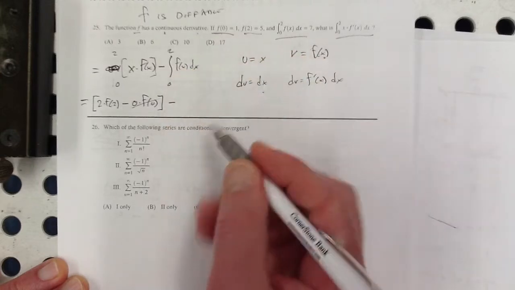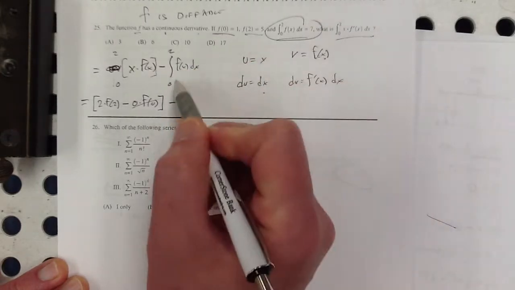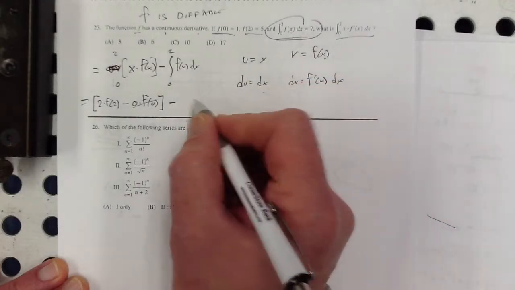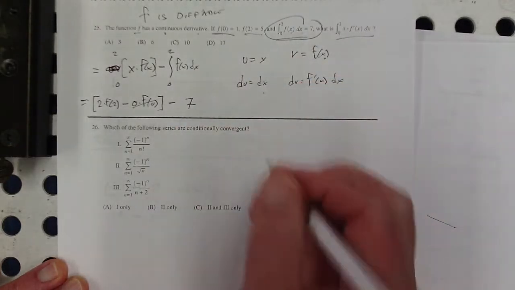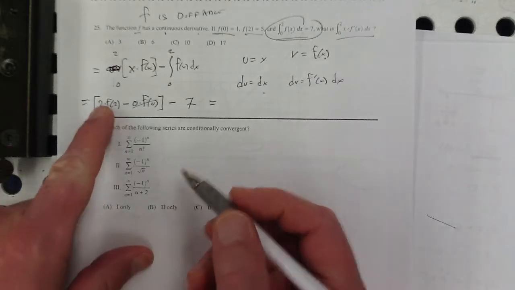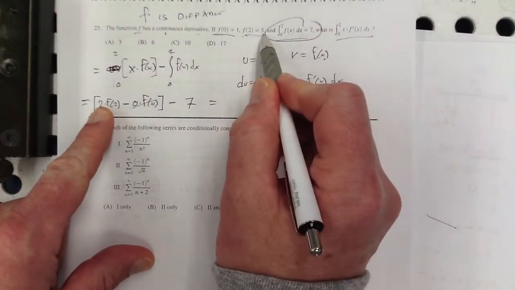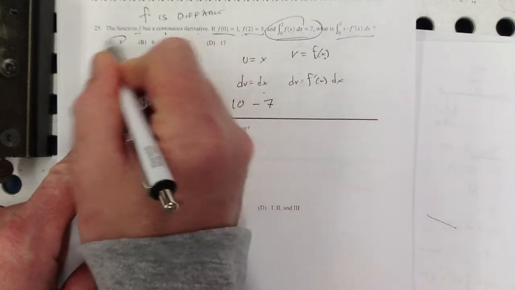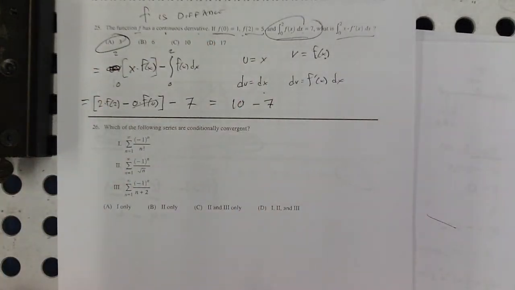Minus, they just told us what this integral is, right? The integral from 0 to 2 of f of x dx is 7. So 2 times f of 2 is 5, so that's 10, minus 7 is 3.